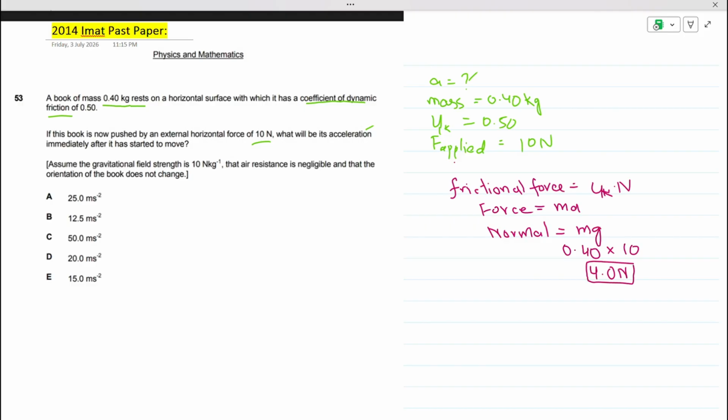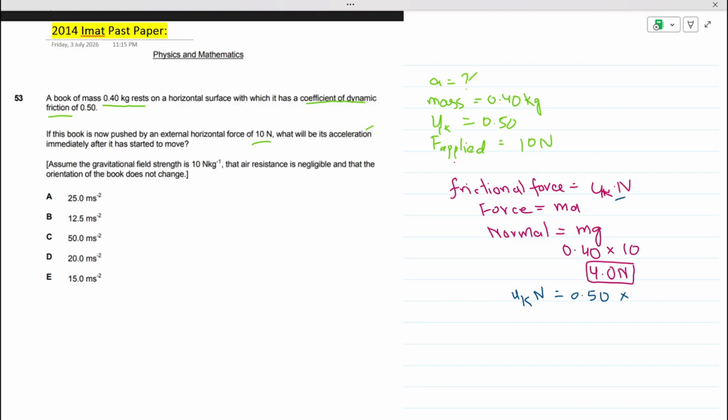Now we can find the frictional force from here. Frictional force is mu k into normal. The value for mu k is 0.50, and we have gotten our normal force, which is 4 Newton.